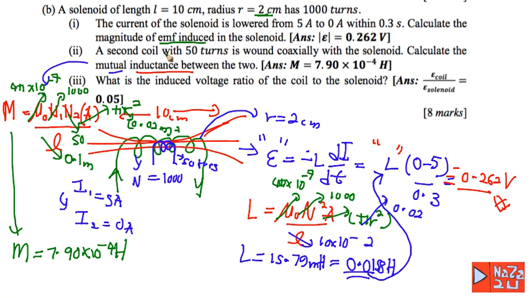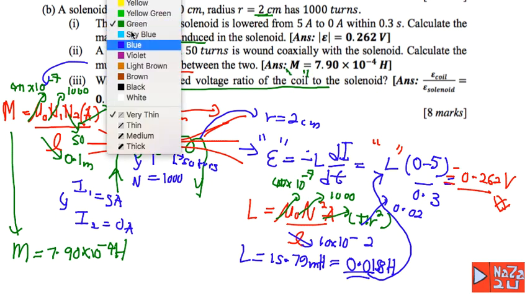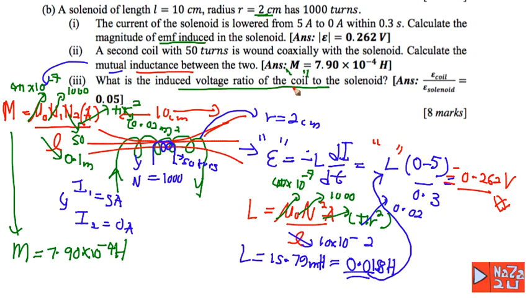And the next question, what is the induced voltage ratio of the coil to the solenoid? The ratio here is the induced voltage, E coil, divided by the induced EMF in the solenoid. The ratio you can relate to the number of turns, so E coil over E solenoid is the number of turns of the coil divided by the number of turns of the solenoid.